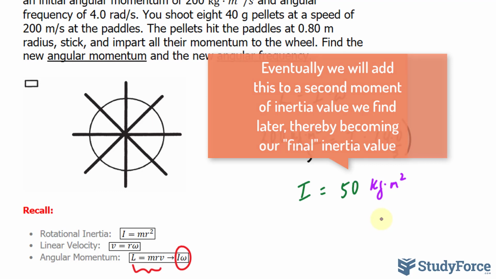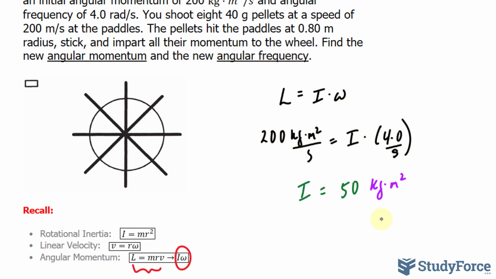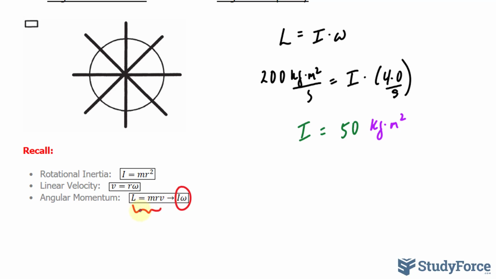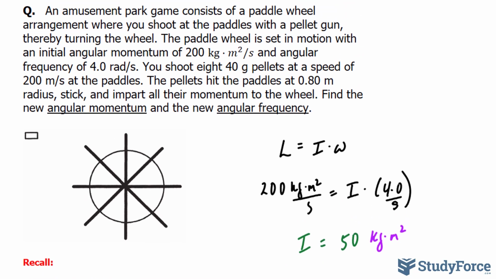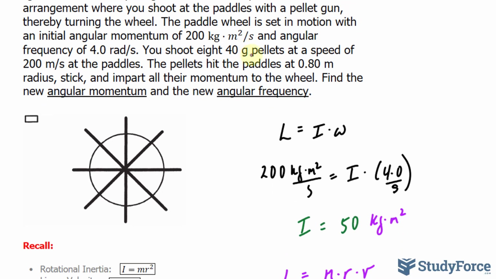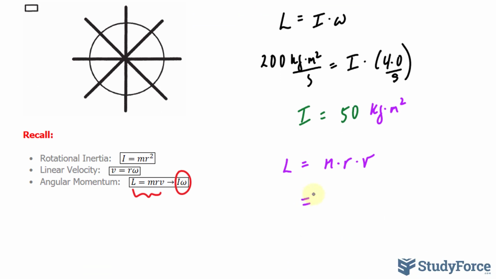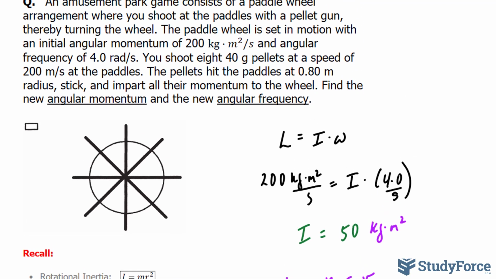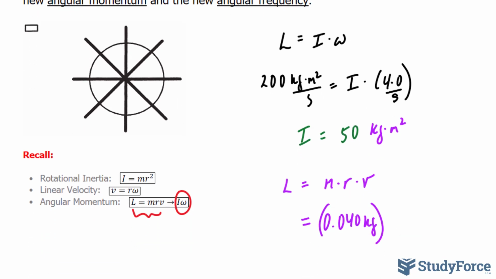So we have the initial moment of inertia. And now the next thing that I want to do is calculate the angular momentum contributed after the wheel has been struck by these pellets. To do this, I can use this version of the formula. So I have L is equal to m times r times v, where L represents our angular momentum, and that's what we're looking for. The pellets have a mass of 40 grams. That needs to be made into kilograms so that the units all work out, and that's 0.040 kilograms. The radius at which it hits the paddle is 0.80 meters.